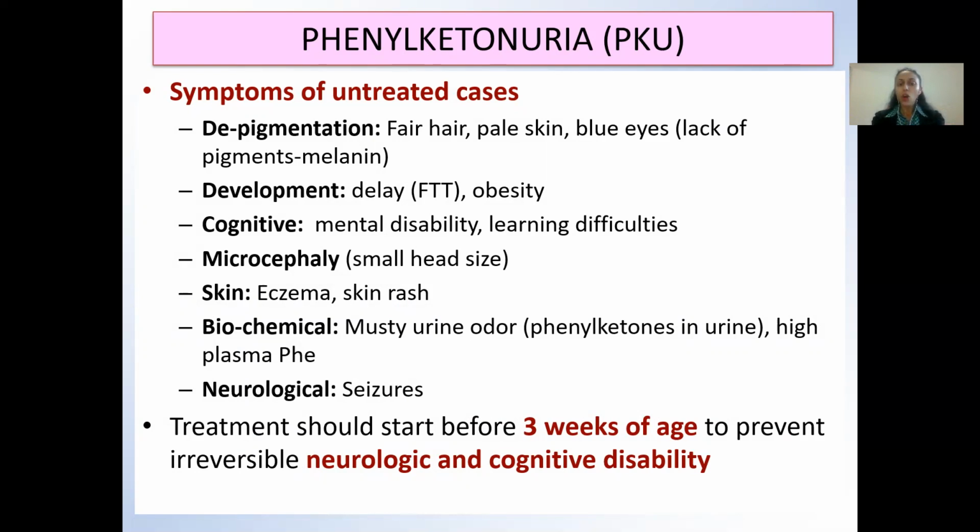So now, for best results, for an infant diagnosed with PKU, the treatment should start within the first 3 weeks of age or of birth. Why? To prevent any neurological and cognitive disability, because high Phe level in the brain can cause damage which cannot be reversed. So to prevent it, the treatment should start as early as possible.